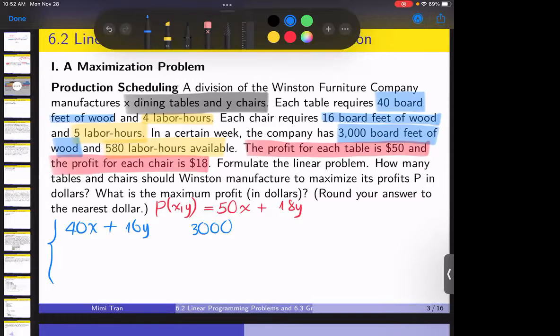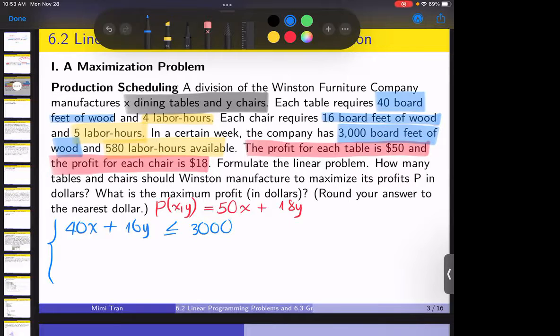Think company. They have limited supply. Less than or equal to, or greater than or equal to? Common sense. What do you think? Less than or equal to, right? It's a company, they're going to have a limited supply. They say I have 3,000 feet of wood.